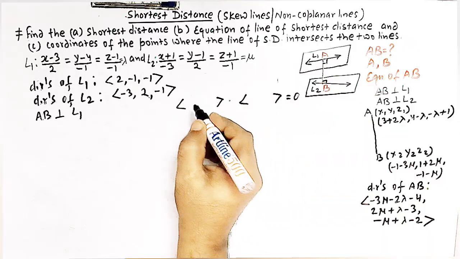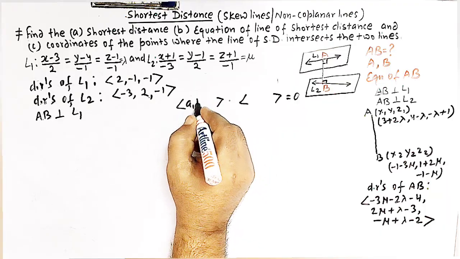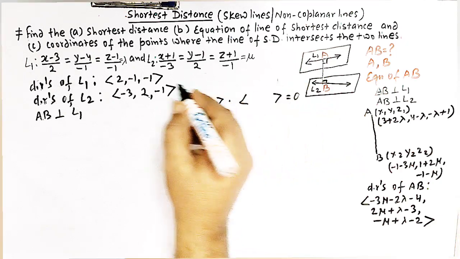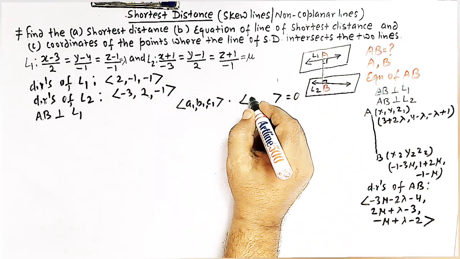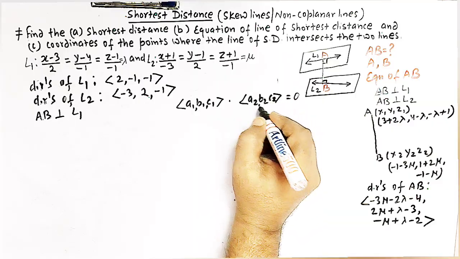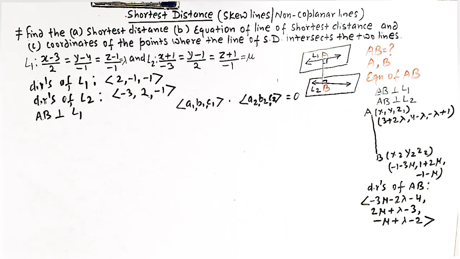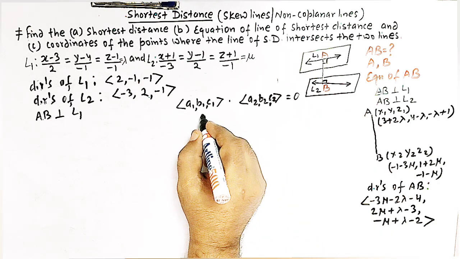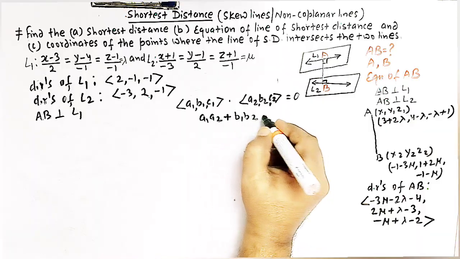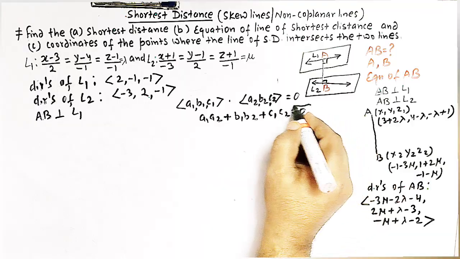So if the first line L1 has direction ratios A1, B1, and C1, and the second line L2 has direction ratios A2, B2, and C2, then the condition for perpendicularity of the two vectors or two lines is A1 A2 plus B1 B2 plus C1 C2 is equal to 0, right?